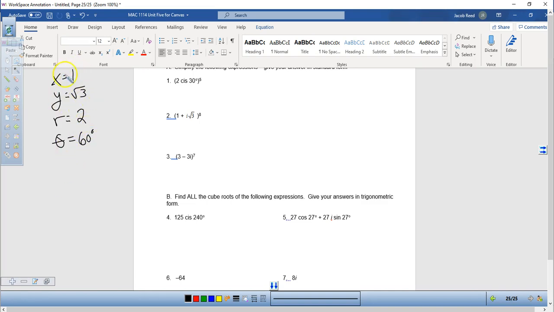The more you practice this setup, the quicker you're going to get at figuring out what theta and r are without a calculator. Okay, so that means that this is really 2 cosine plus i sine of 60 degrees raised to the 8th power. Well, raising it to the 8th power, remember that r gets raised to the power, so 2 to the 8th cosine plus i sine of 8 times 60, because theta gets multiplied.